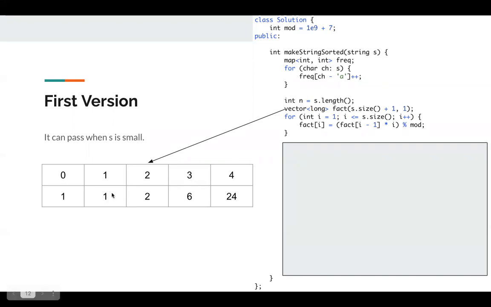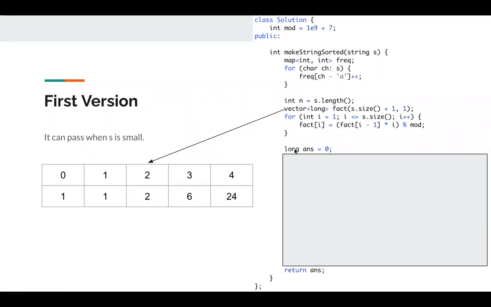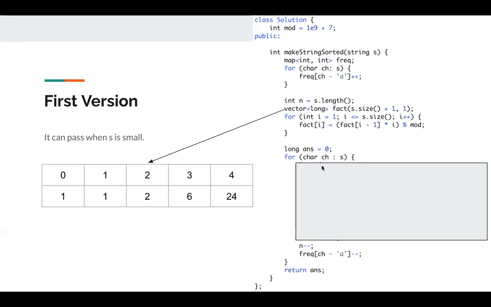So this is factorial of 1, factorial of 2, factorial of 3, factorial of 4, and so on. This is our answer, and finally we just return it. Now we need to loop over each character in the string. After each iteration, n minus minus, and we just exclude this character from our frequency table.